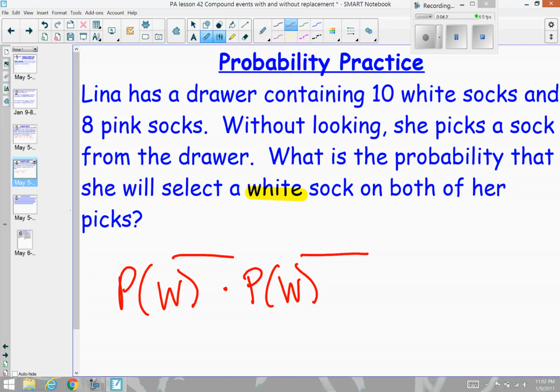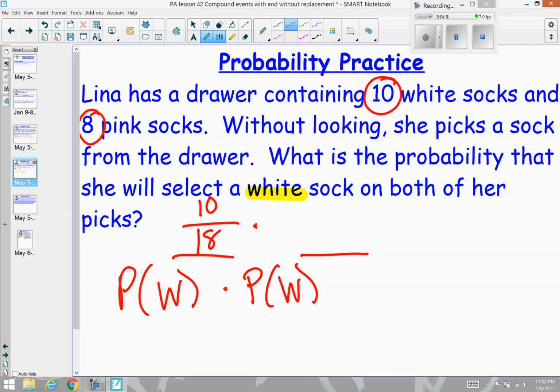Well, the total number of outcomes is 10 and 8, so it's 18. So if we want to get a white and a white, to get a white the first time, it's going to be 10 out of 18. If she gets that white, she's not going to put it back because her goal is to pick a pair of white socks.